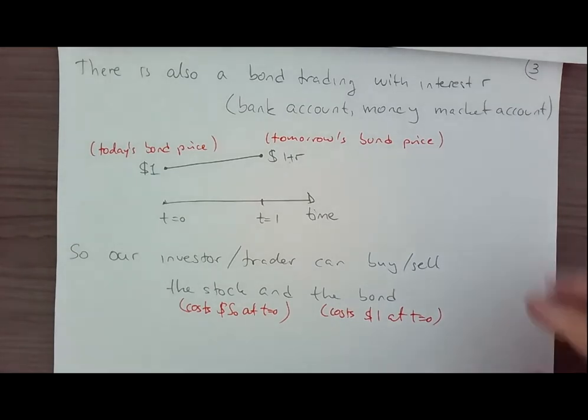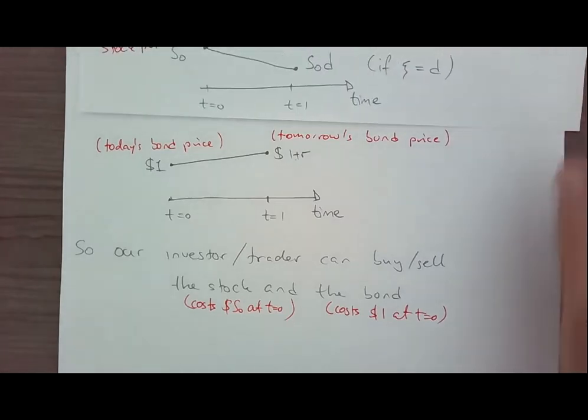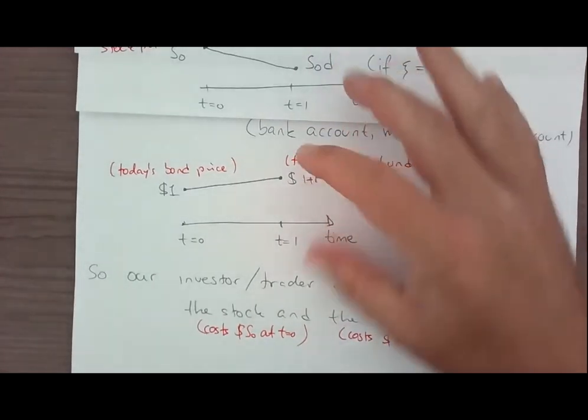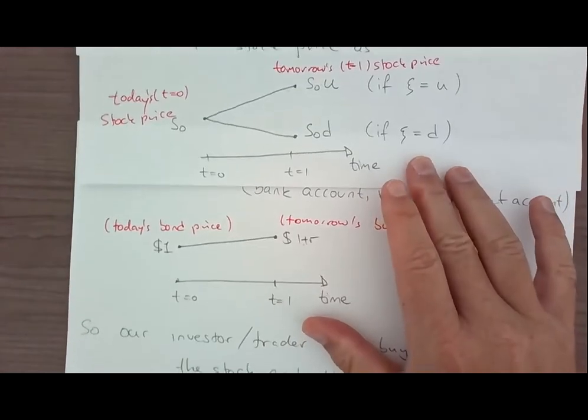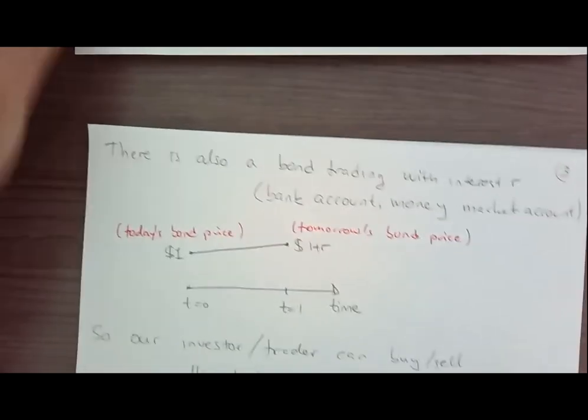So the first order of business is this notion of arbitrage. We have two models. Maybe we should look at a specific example and then talk about arbitrage in this specific example.